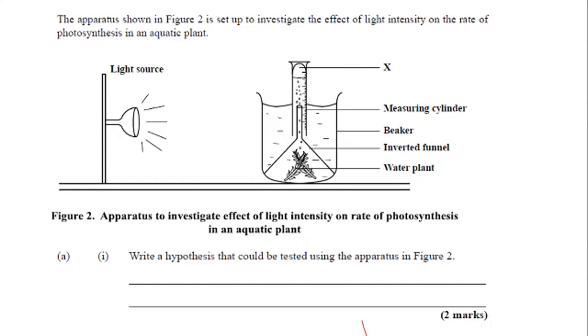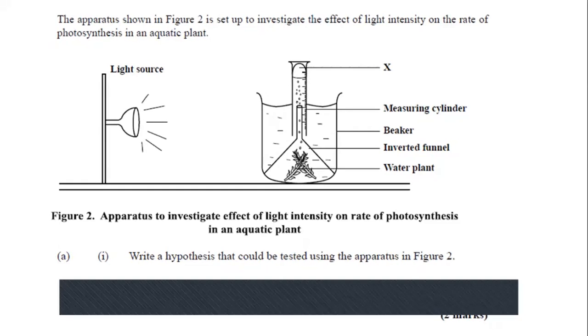But it's saying that we're supposed to investigate the effect of light intensity. So we could probably say that the more light, the faster the rate of photosynthesis, and we could see that due to the bubbles, which would be the oxygen gas being released.